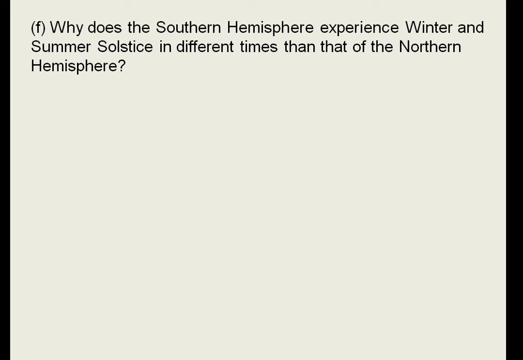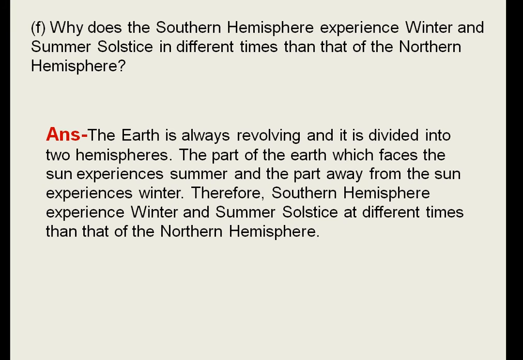Why does the Southern Hemisphere experience winter and summer solstice at different times than the Northern Hemisphere? So the answer is here. The earth is always revolving. When the earth is revolving around the sun, it is divided into two hemispheres.